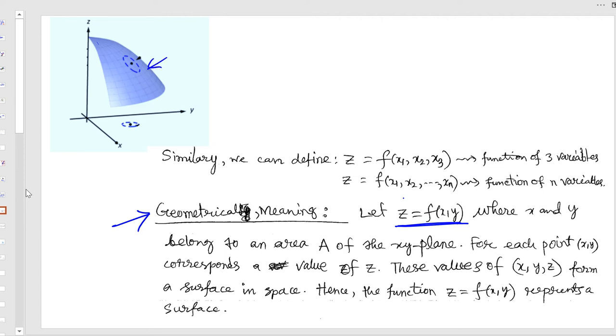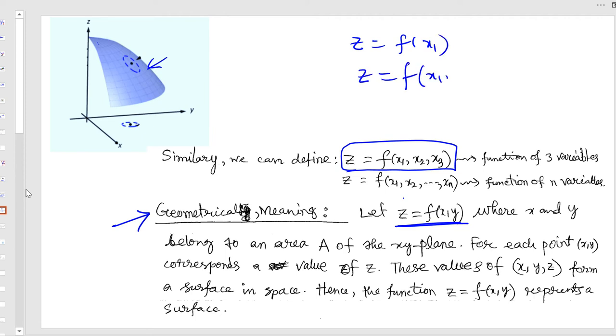Similarly, z can be a function of x, or a function of x1 and x2. Two variables, we can have three variables, we can have n variables also.